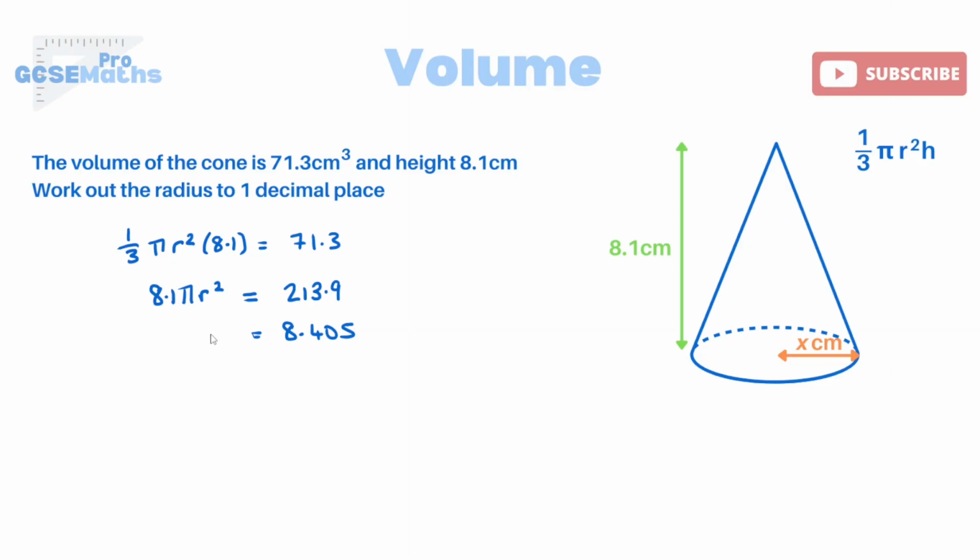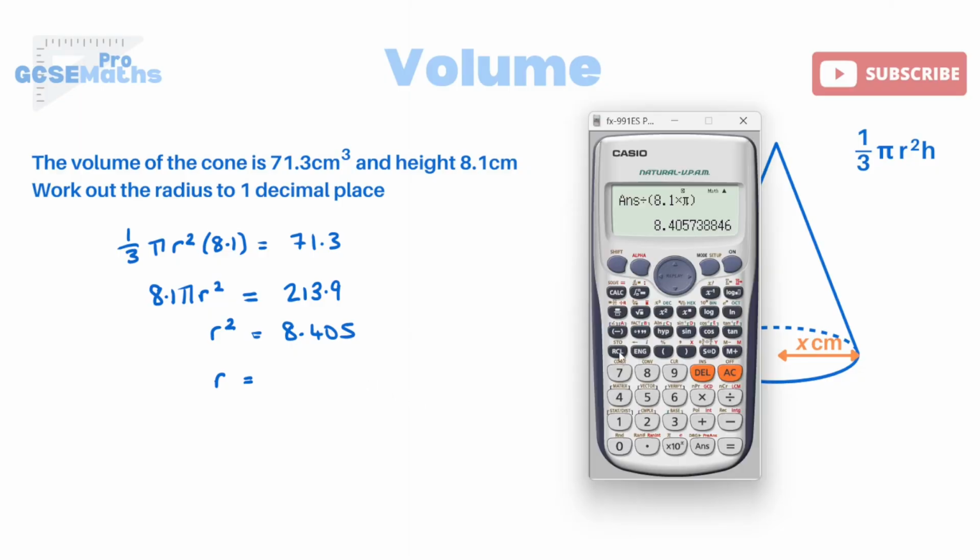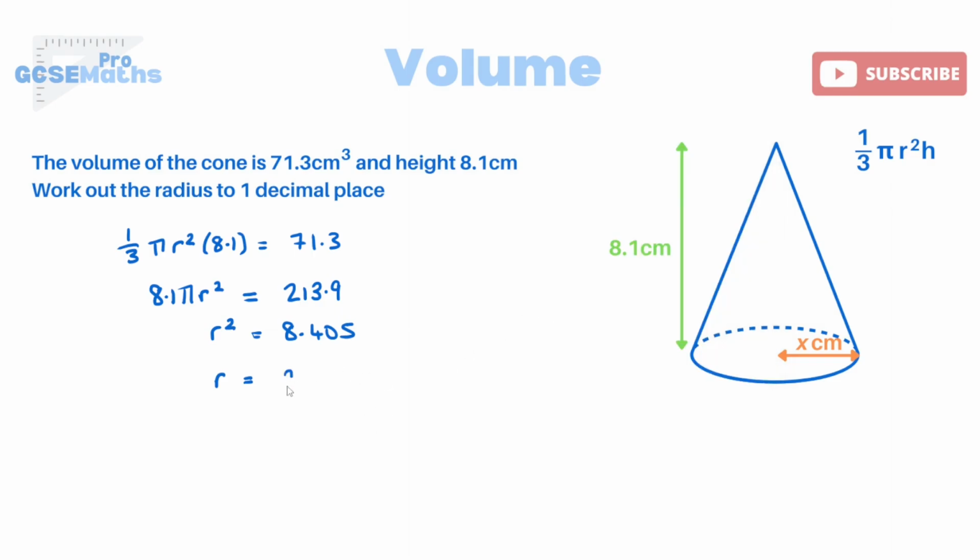And that is just r squared left. So all I need to do now is just square root. As I said, leave it there, square root, and then use the answer button so it copies all of the decimals. Okay, now this is my final answer, so I can actually round it to 1 decimal place. That would give me 2.9 centimeters because radius is 1 dimension.